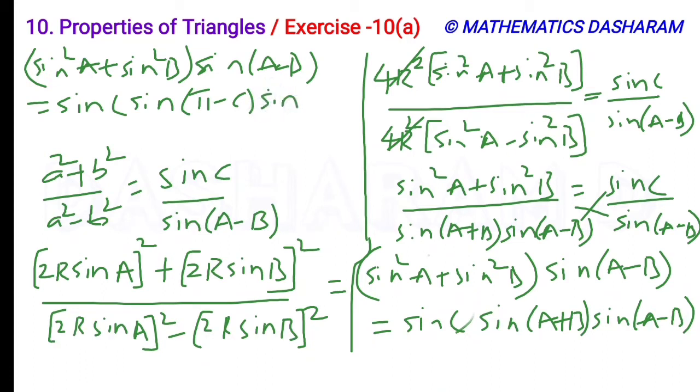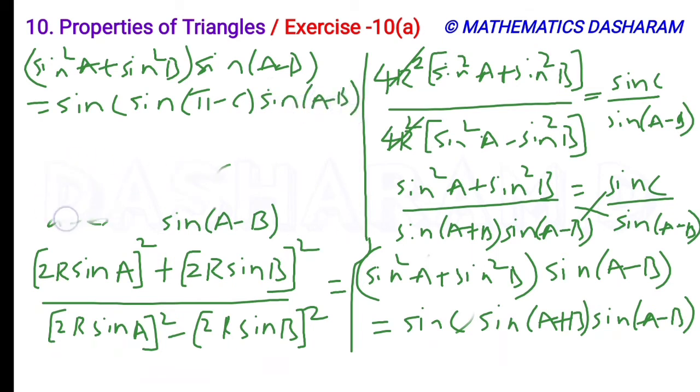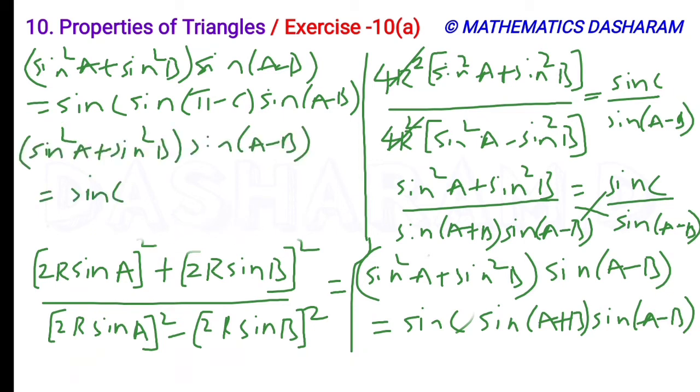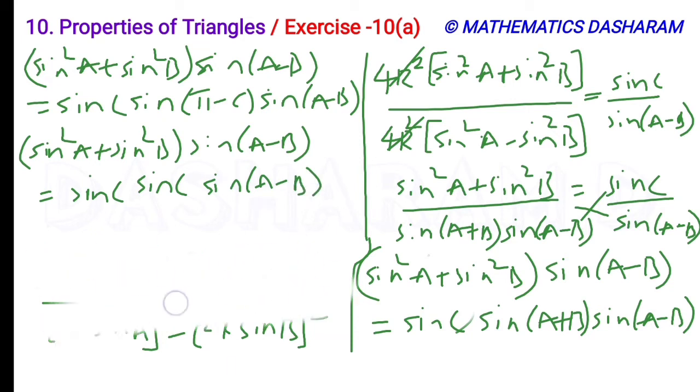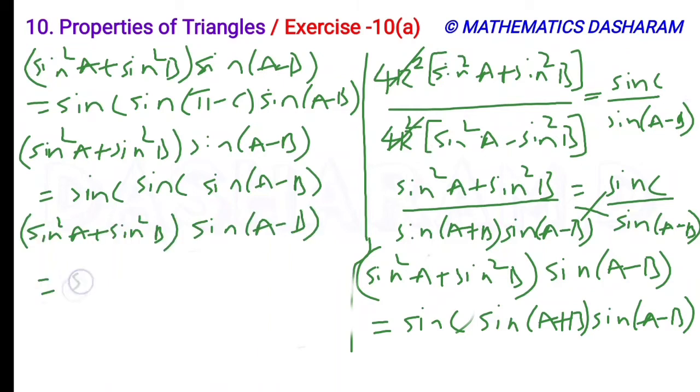So sin(A − B). Now sin(180 − θ) is sin θ itself. So sin C into sin(A − B). Next step: sin C into sin C is sin²C into sin(A − B).